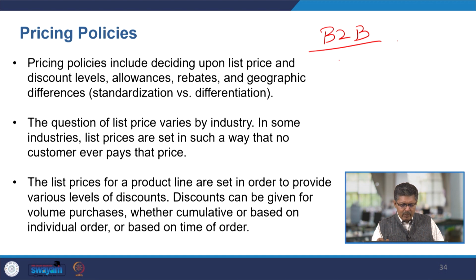Because, well, let us assume a product which has, let us say, almost 50 subcomponents inside it, right. Now, because I do not have an idea about the 50 subcomponents and each of their prices, I have no clue what the actual price of the product should be on a cost based term, right. So, in such a condition, there is a lot of scope for negotiation in the B2B market, right.